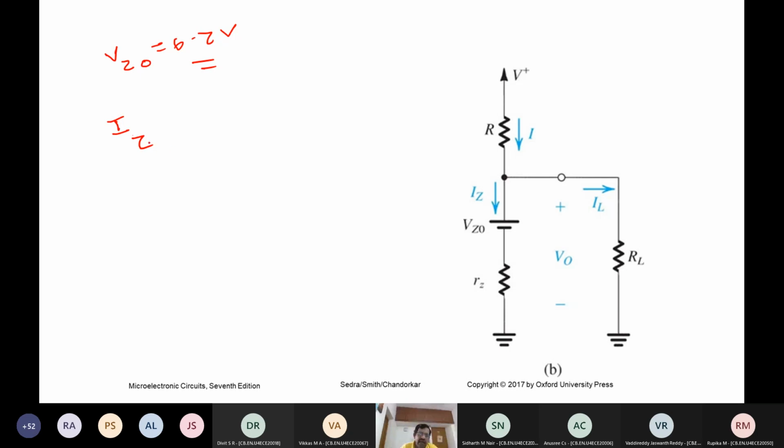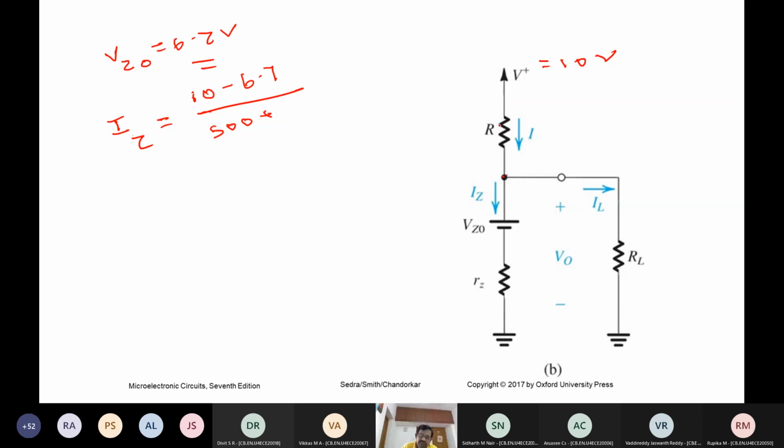So this actual IZ that we are trying to find will be obtained from 10 volt, which is over here. Assume this part is not here. This is 6.7 over here. So 10 minus 6.7, this is the maximum current that can flow. This is the maximum possibility for the given series resistance that we choose here.